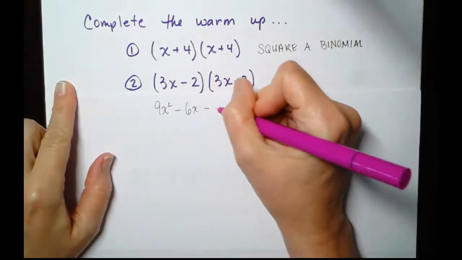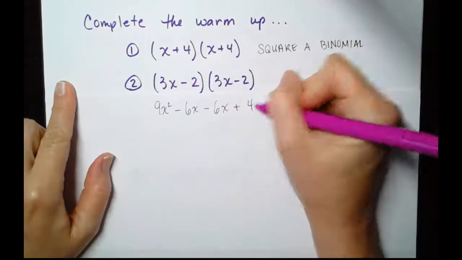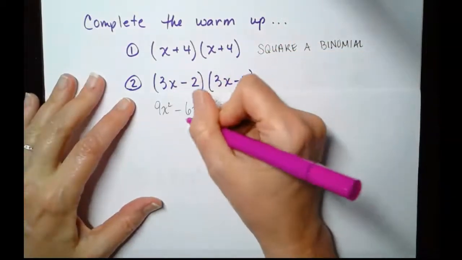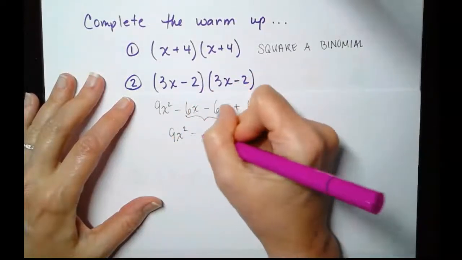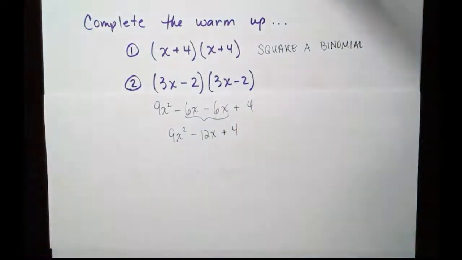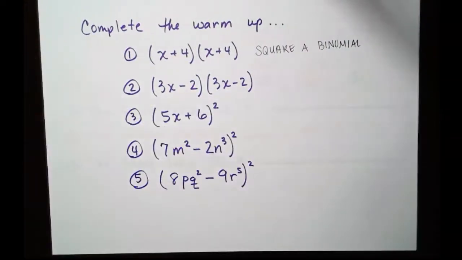Insides another minus 6x. Last sides plus 4. Once again, that middle term is getting doubled. So when we combine like terms, we end up with 9x squared minus 12x plus 4, which is a perfect square trinomial.